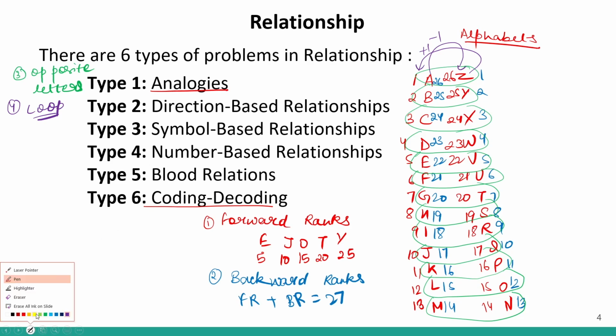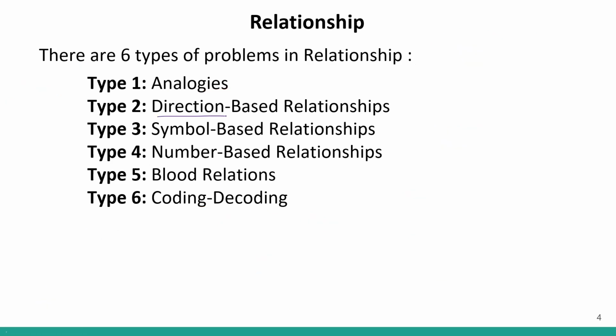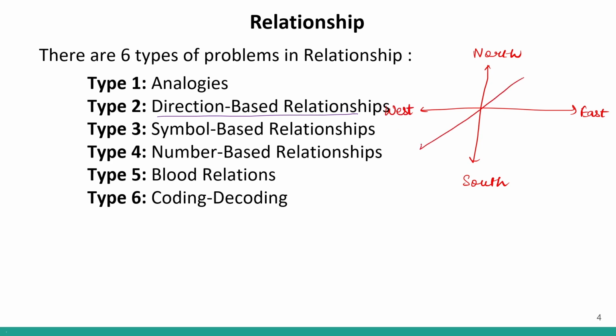Then we have type 2, which is direction-based relationships, basically the concept of following directions. We had 4 primary directions, which we had already discussed in detail in following directions: north, south, east and west. These were your 4 primary directions, right? Then we have certain secondary directions: northeast, southeast, southwest and northwest.